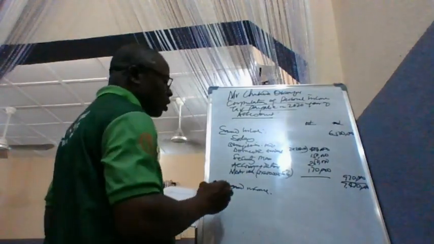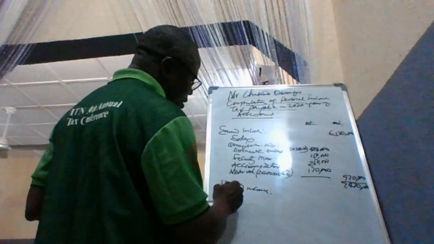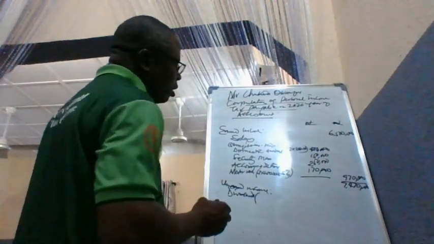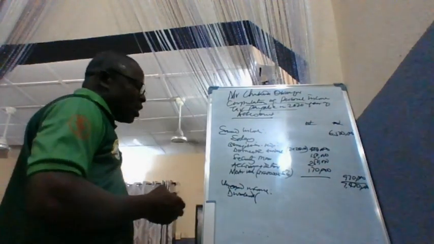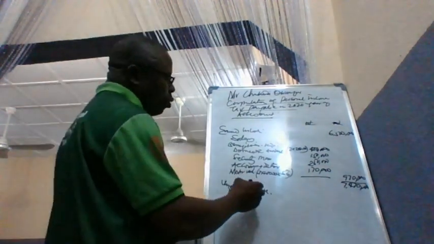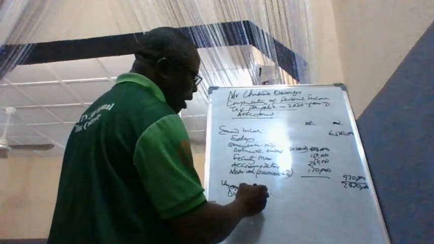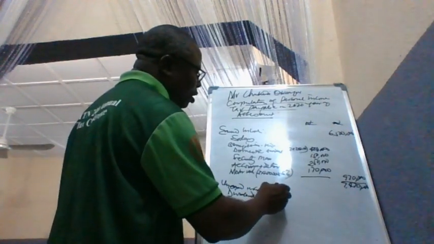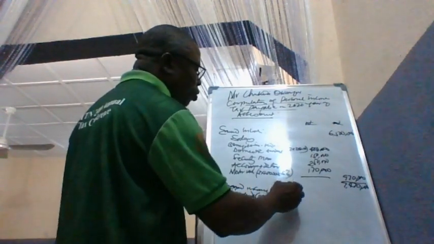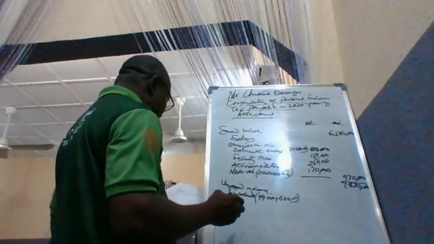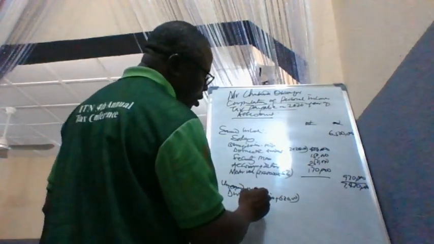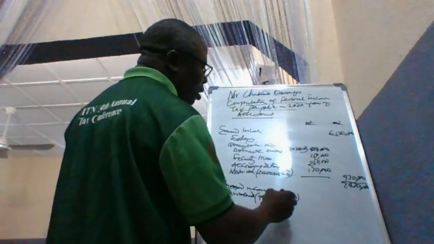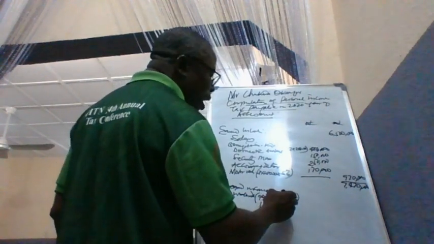These unearned incomes include dividends. Since we are considering it on the preceding year basis, that will be the two: 99,000 plus 63,000 naira, and this will give you 162,000, then times 0.9.